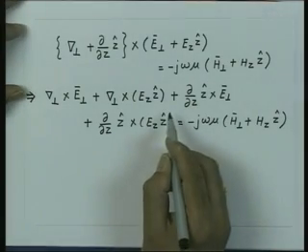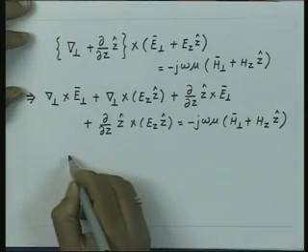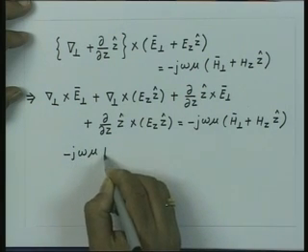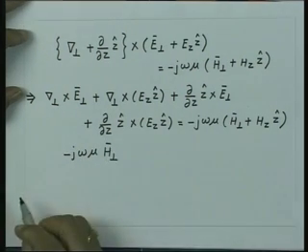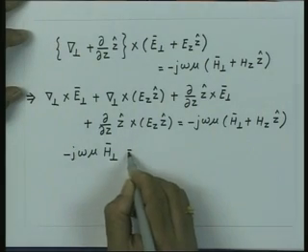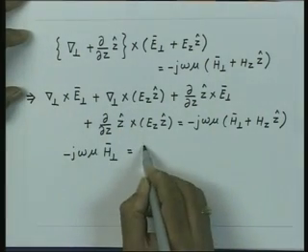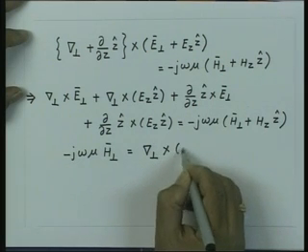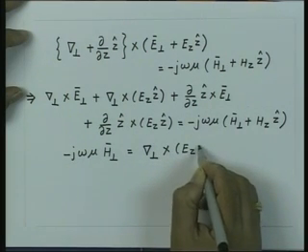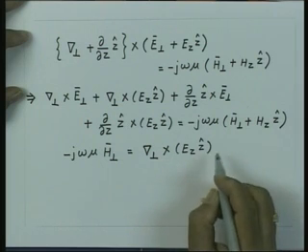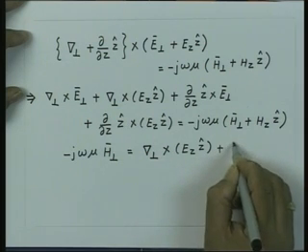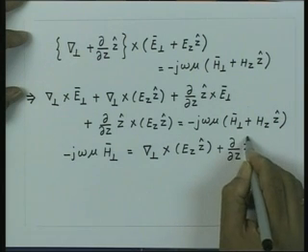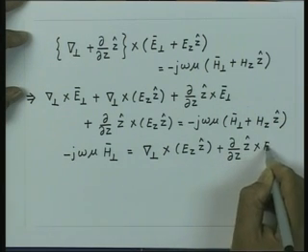So, from here I get minus j omega mu H transverse, that will be equal to this quantity, which is del transverse cross Ez z plus d by dz z cross E transverse.